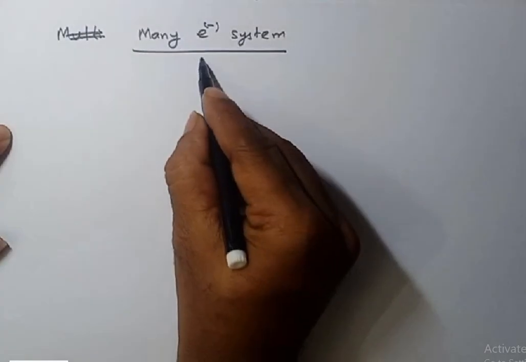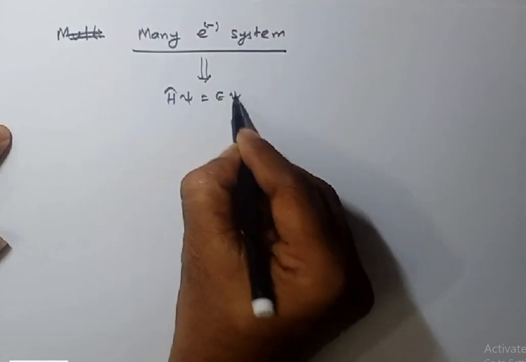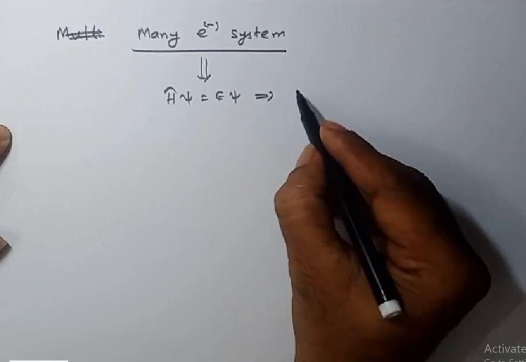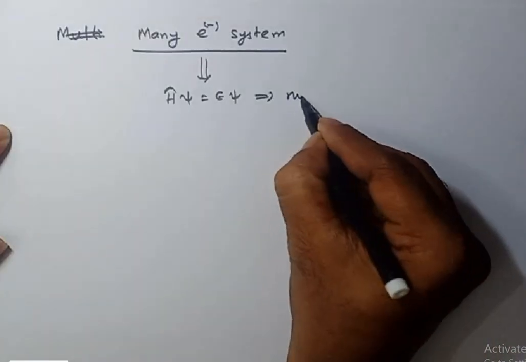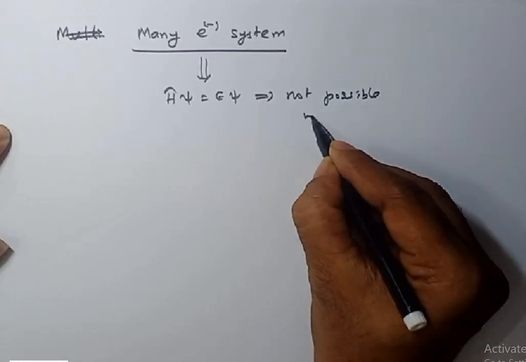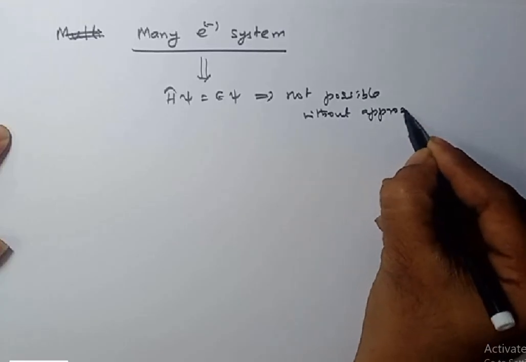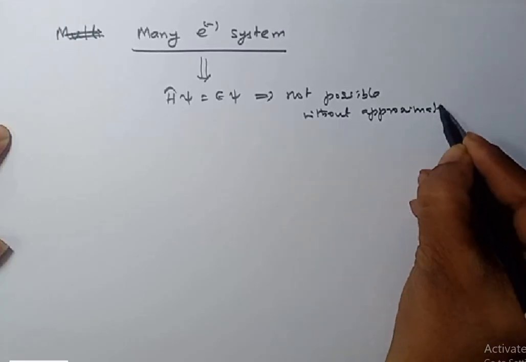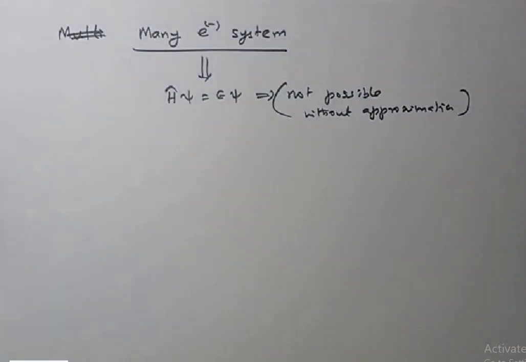For many electron systems, if you want to solve H psi equal to E psi, it's very tough. I can say it is not possible without approximation. But using approximation we can solve.